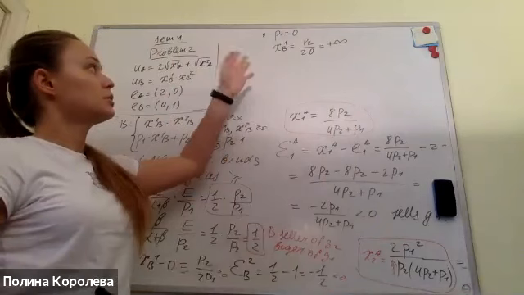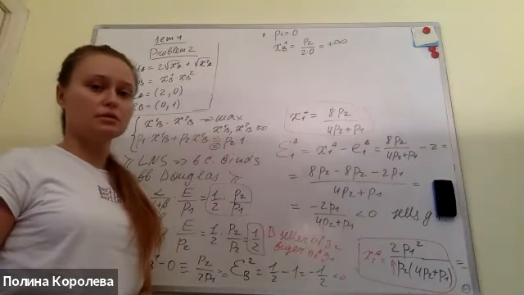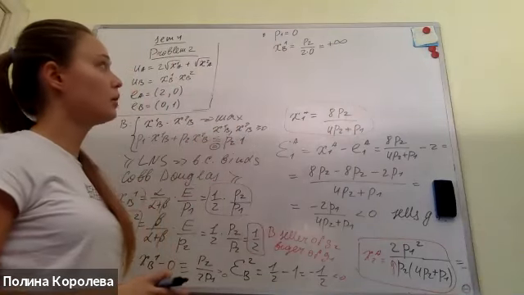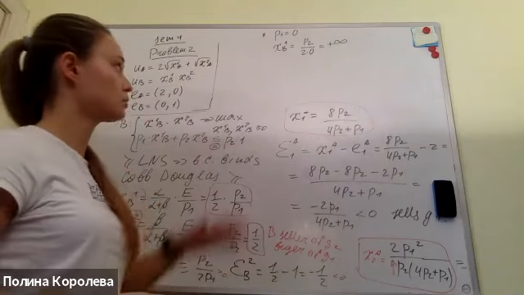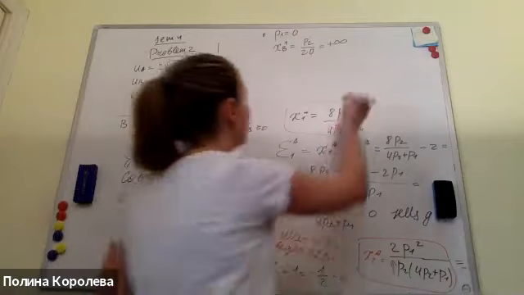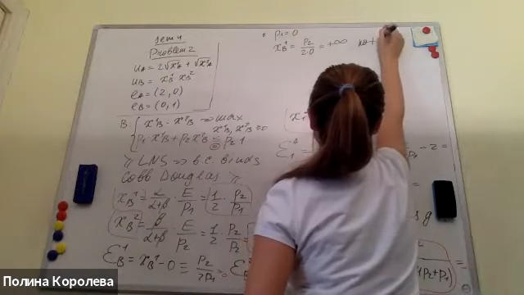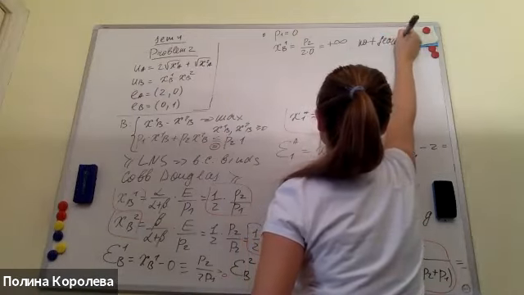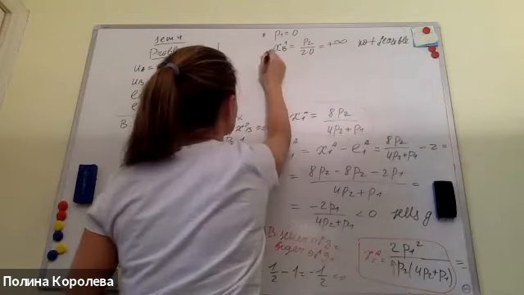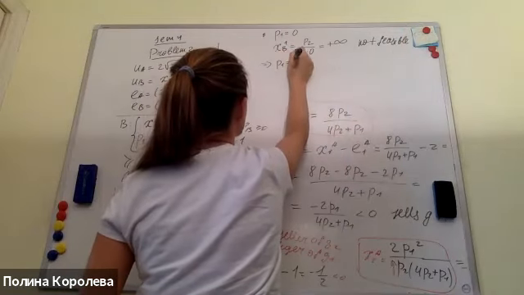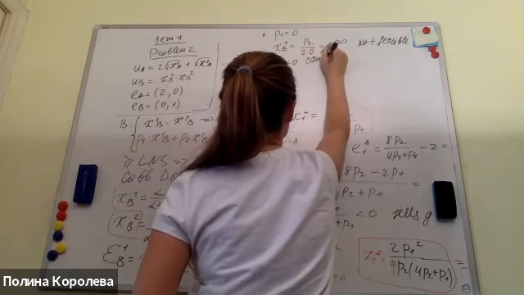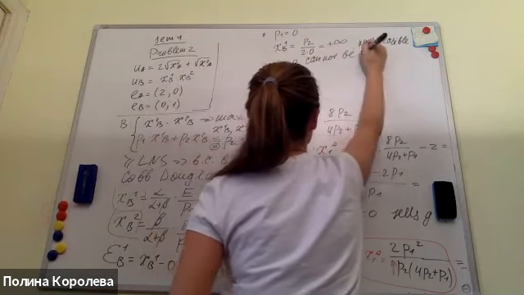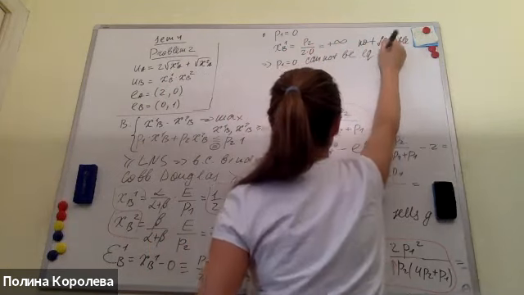But we don't have such a big amount of the first good in our economy. So this is not feasible for us. That's why P1 equal to 0 cannot be an equilibrium price.